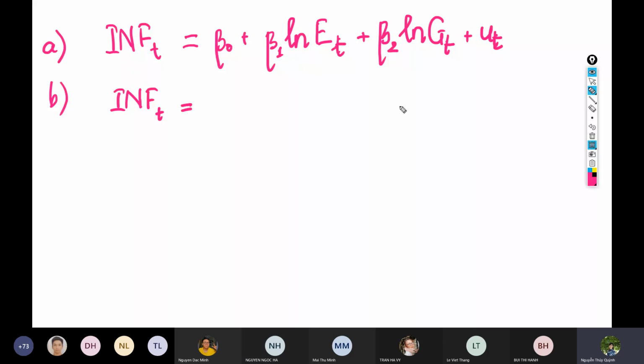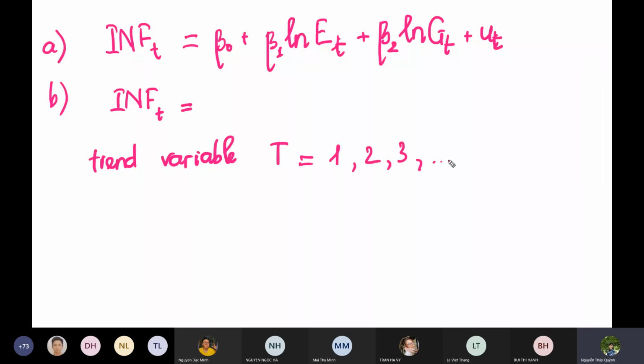And we have one more independent variable, that is the trend variable. We may call it T. So T has the value of 1 for the first observation, for the second it has the value of 2, and so on up to n.